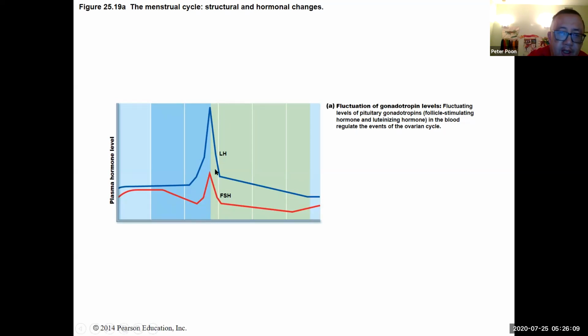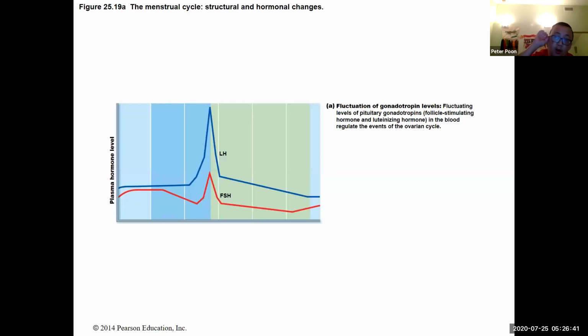So ovulation will occur about 24 hours after the LH spike. If you buy those home ovulation kits, not the pregnancy kits, what they're measuring for is the LH spike in the blood. If there is an LH spike, that means within that day, it's time to get on it, because that's the day the egg's coming out.